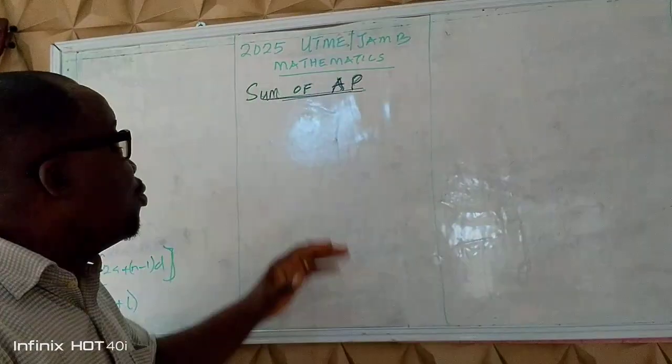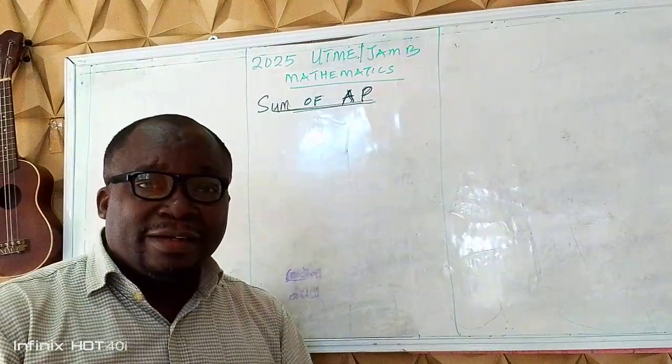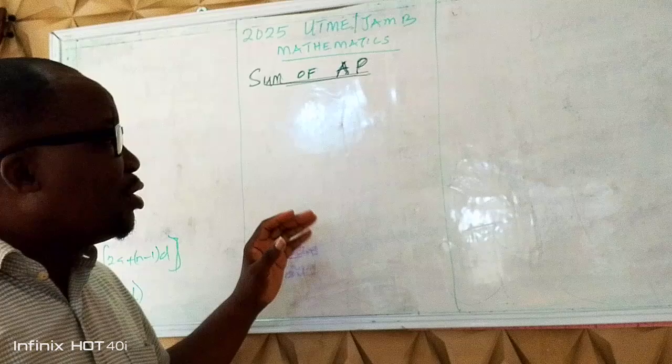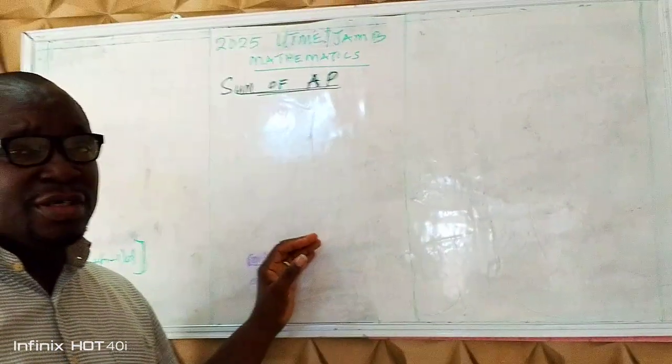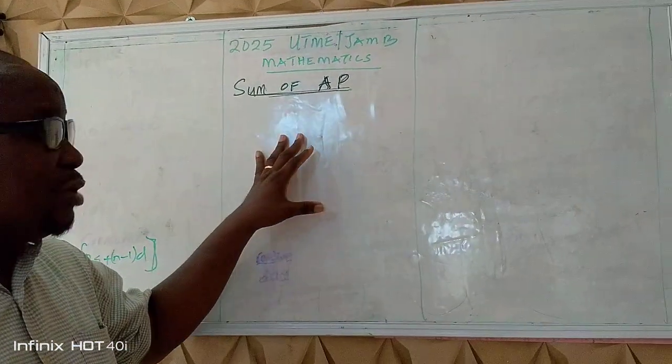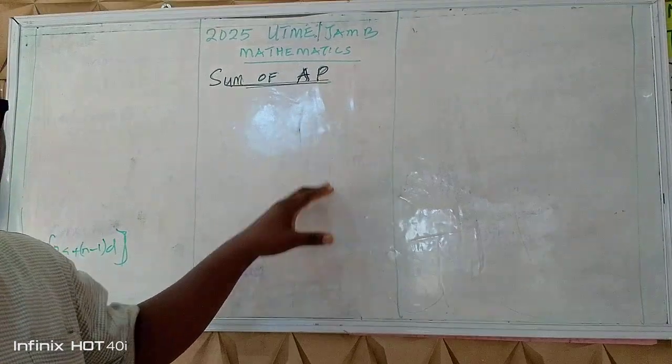Back to class. Today we want to look at, we started the arithmetic progression series. We talked about the first, the second, and the third term. We want to look at how to calculate the sum of an AP.